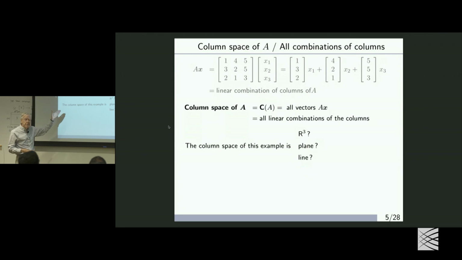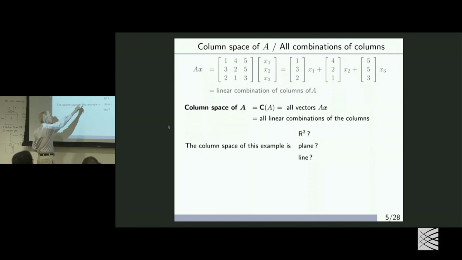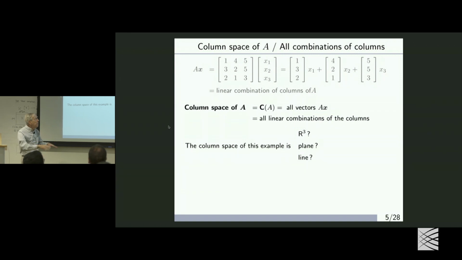In this specific example, we're in 3D. So, for example, do I get all vectors in 3 dimensions? Do I get the whole space? Everybody knows what I'm doing: I'm taking all combinations of those columns. Any x1, any x2, any x3, take that combination, put them all together, and you get a whole lot of points.